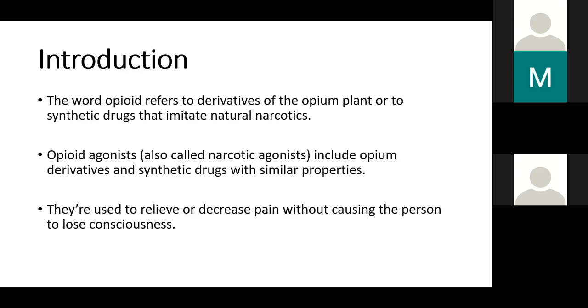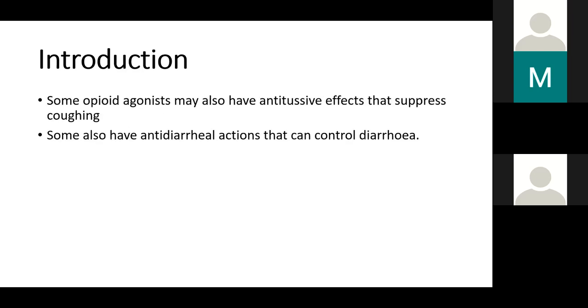And they are also used for pain relief. Antitussive means that they suppress cough, and some also have antidiarrheal actions that can control diarrhea. So these ones are used as secondary effects, but their primary effect is for pain relief.